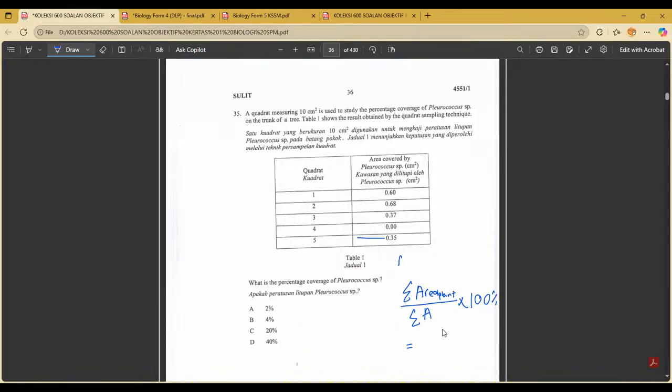So it's 0.6 plus 0.68, etcetera. I'm too lazy to calculate.